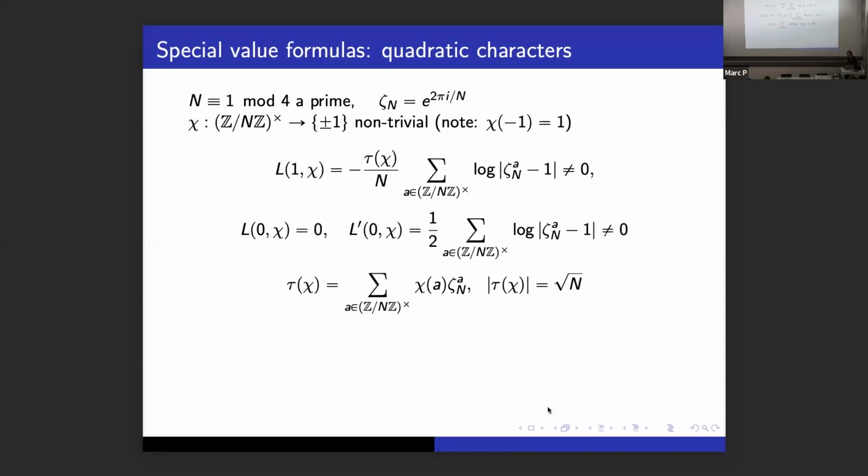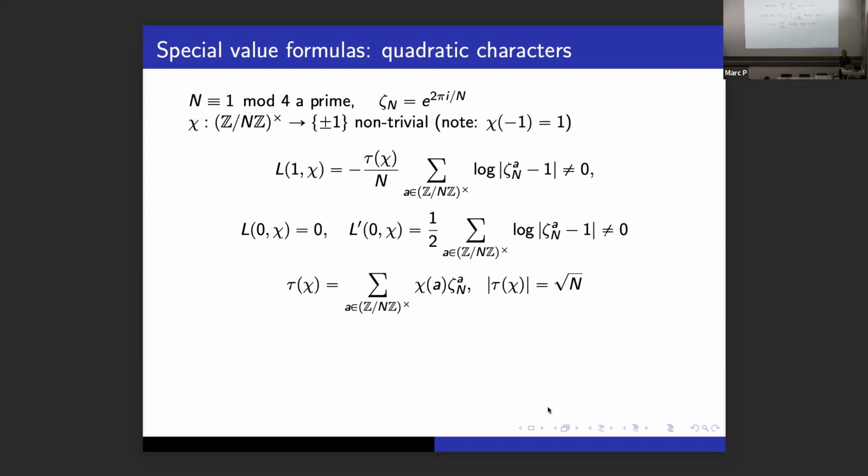So what I'd like to do is pick on the special value formulas for quadratic characters. The situation I'm going to put myself in is to look at a character modulo a prime n that's congruent to 1 mod 4. Why a prime congruent to 1 mod 4? Because then -1 is a square mod n, and so the quadratic character mod n will always be even.